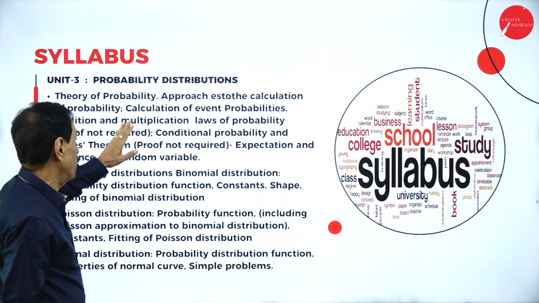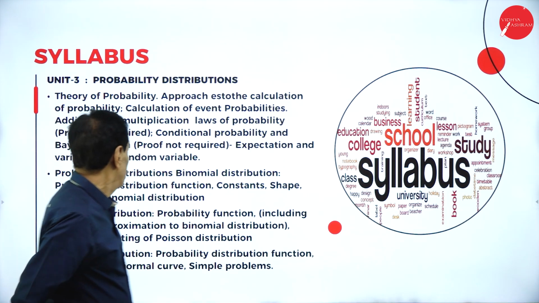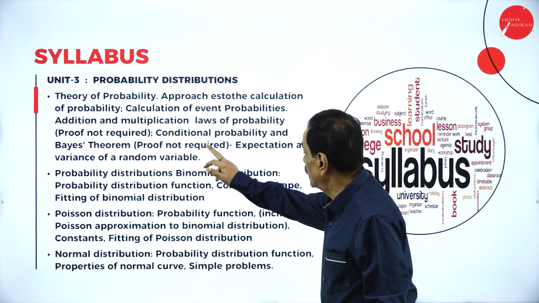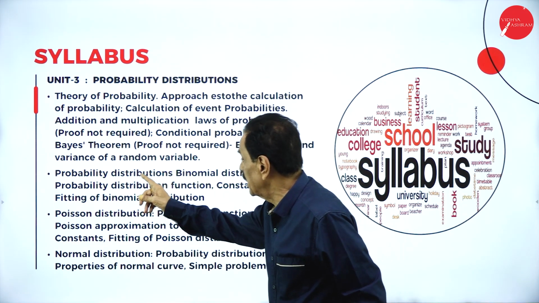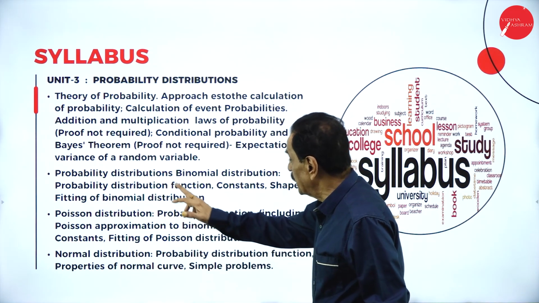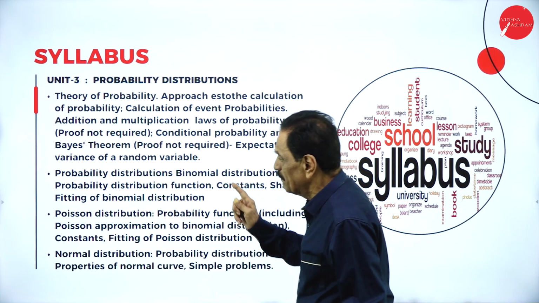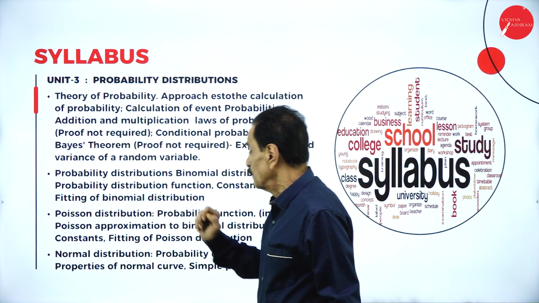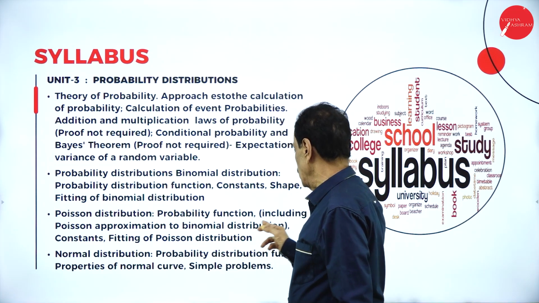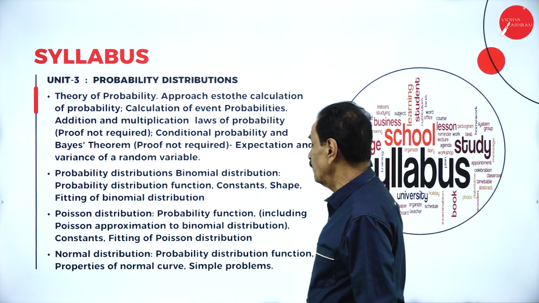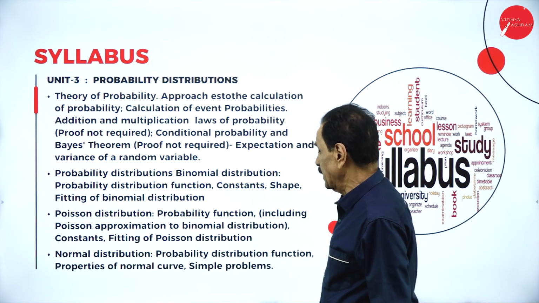Approaches to calculation of probability, calculation of event probability, addition and multiplication law of probability, proof not required, conditional probability and Bayes theorem, proof not required, expectation and variance of random variables, then probability distribution, binomial distribution, probability distribution function, constants, shape, fitting of binomial distribution, the Poisson distribution, probability function including Poisson approximation to binomial distribution, constants, fitting of Poisson distribution, then normal distribution, probability distribution function, properties of normal curve and similar.